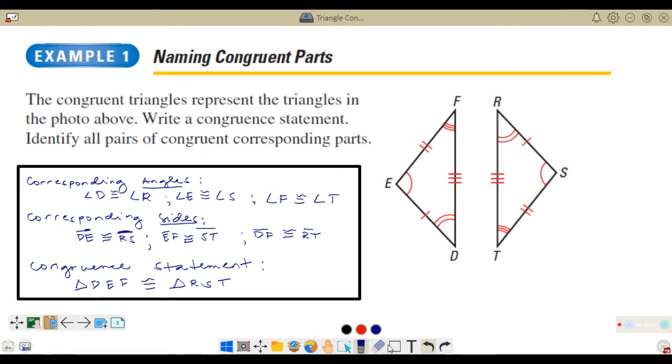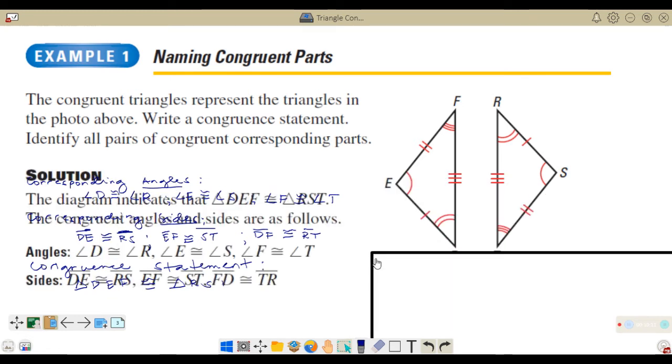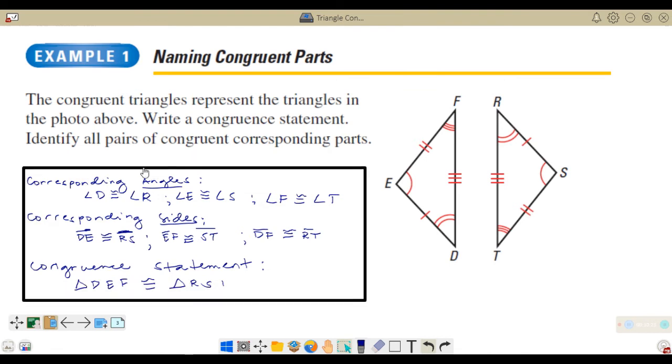Silipin natin yung solution from our ayan, parehas lang naman sila, pero inuna niya dito yung congruence statement. Okay.